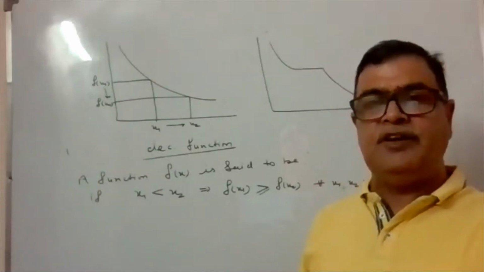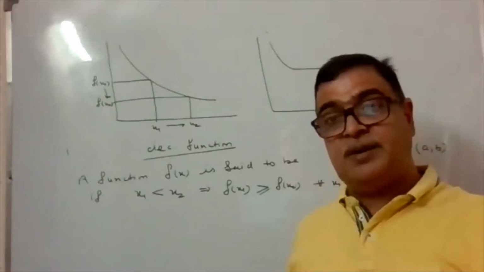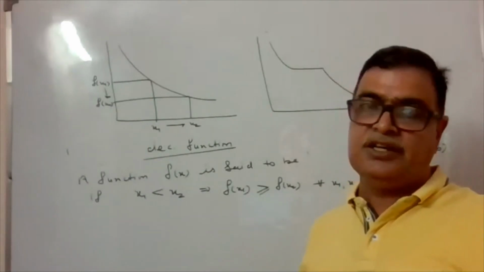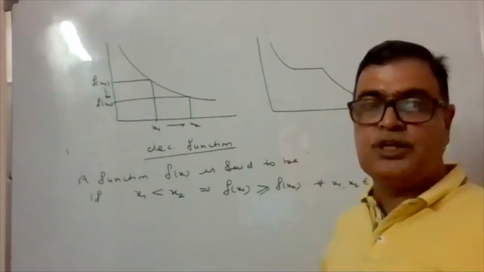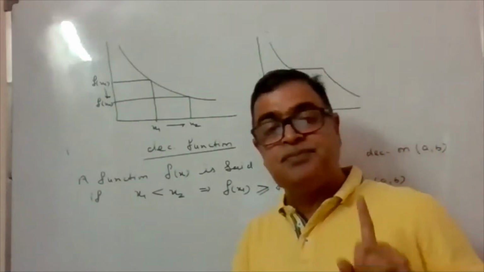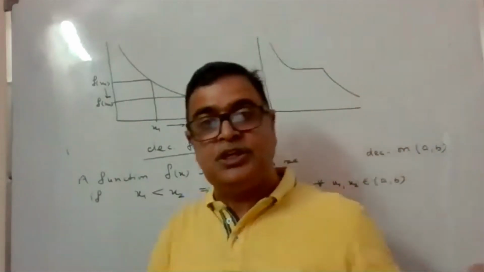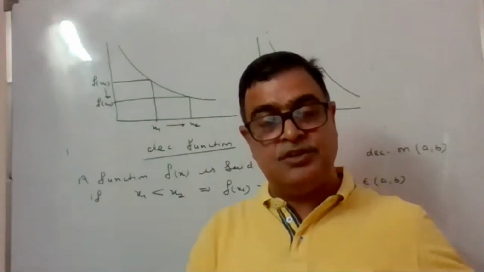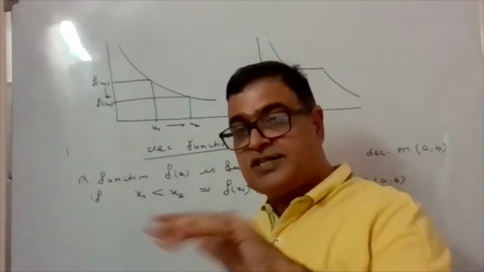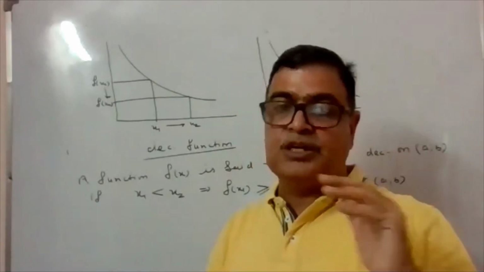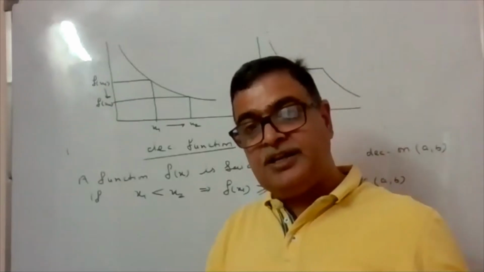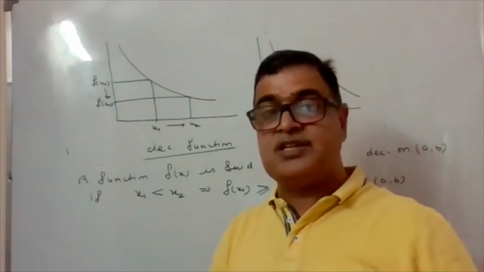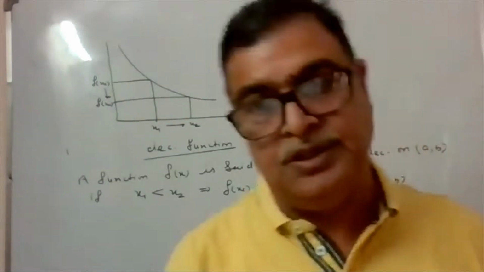Again, whenever I say in this chapter decreasing or increasing, we are concerned about strictly increasing and decreasing functions. So one thing you should keep in mind: a strictly increasing function is that function in which as you increase x, f(x) should increase. A decreasing function says when you increase x, f(x) should decrease. So if by increasing x, f(x) increases, it's increasing. If by increasing x, f(x) decreases, we call that a decreasing function. That you should keep.